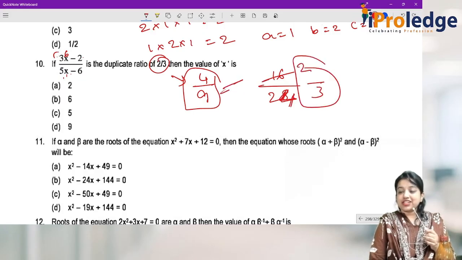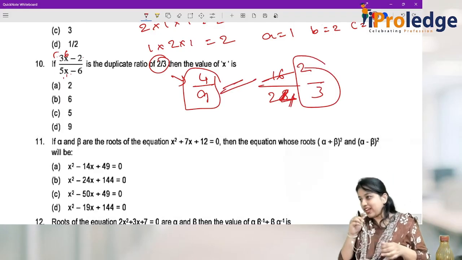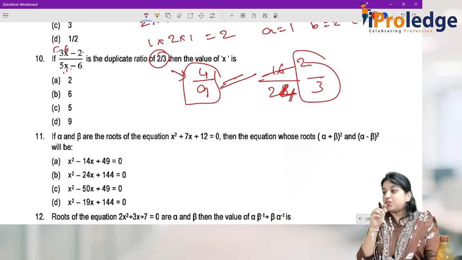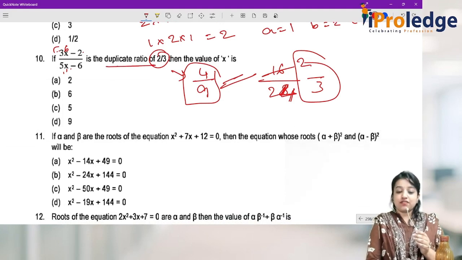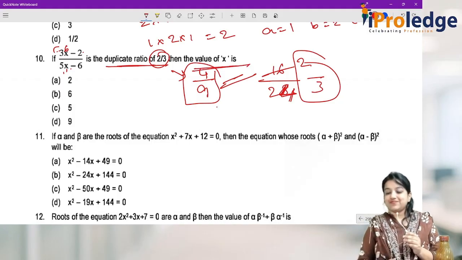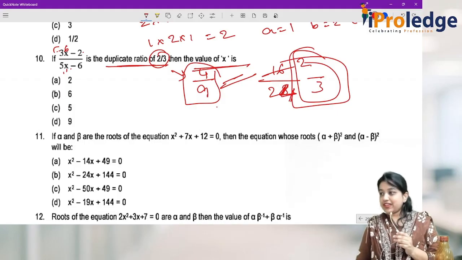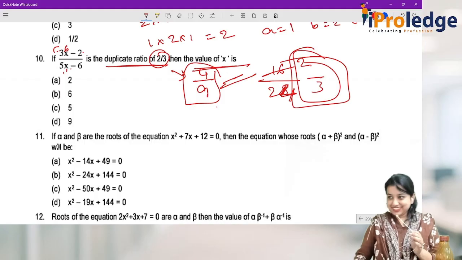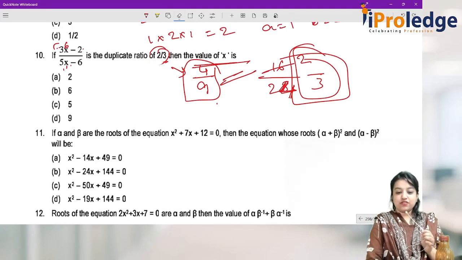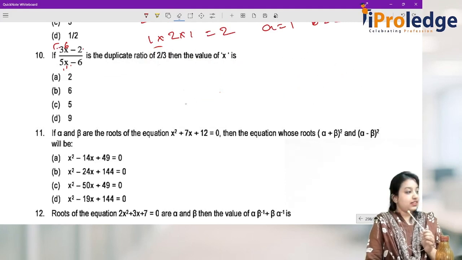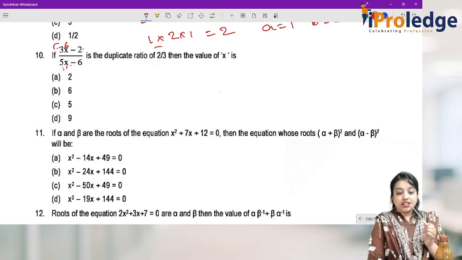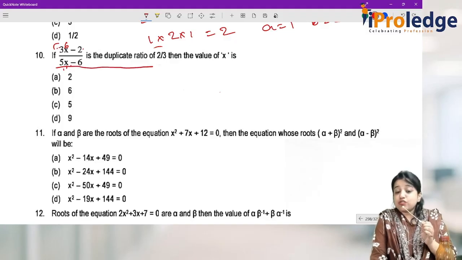The values are wrong, none of the four options match. The answer should be 4 by 9, not 2 by 3. 2 by 3 is not 4 by 9, the options are wrong. 3x minus 2 divided by 5x minus 6 is the duplicate ratio of 2 by 3.